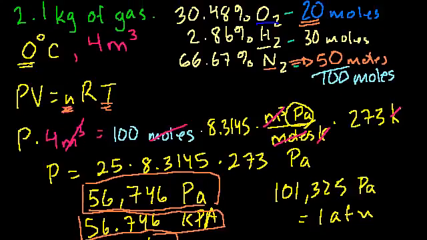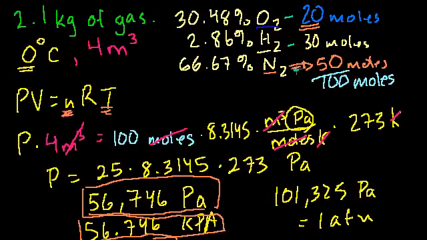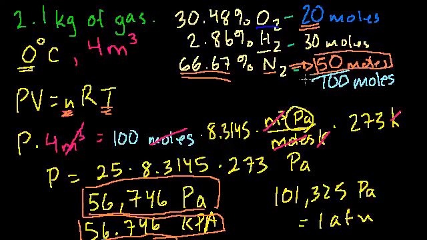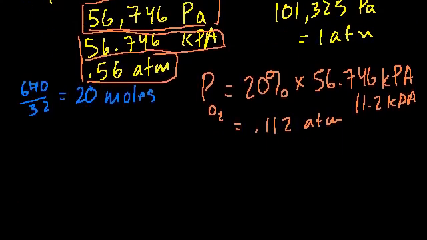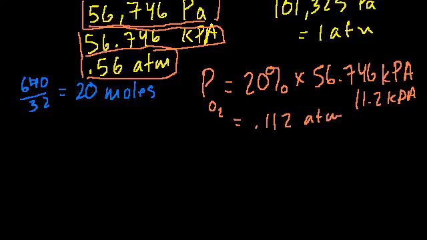What is the partial pressure due to nitrogen? Well, even though two thirds of the mass is nitrogen, only 50% of the actual particles are nitrogen. So 50% of the pressure is due to the nitrogen particles. Remember, you have to convert everything to moles because we only care about the number of particles. So if you want to know the partial pressure due to the nitrogen molecules, it's 50% of these.